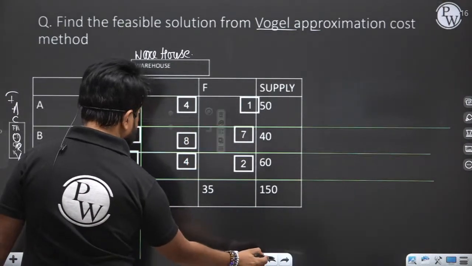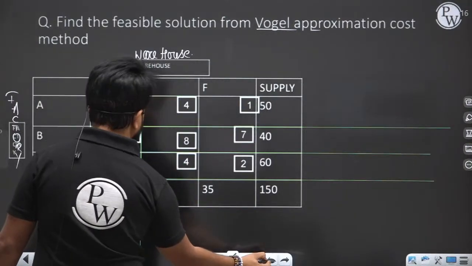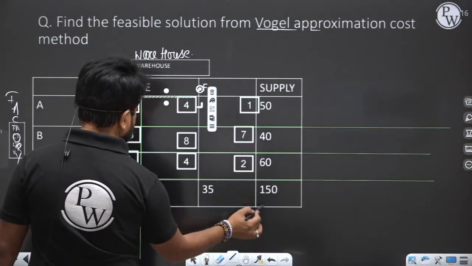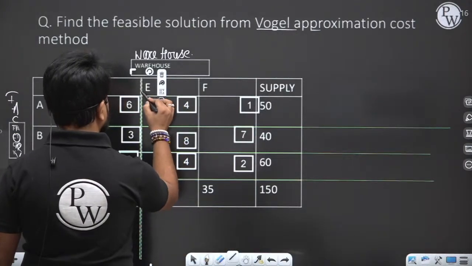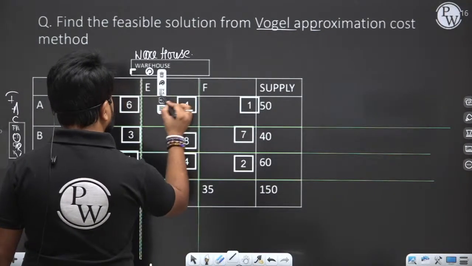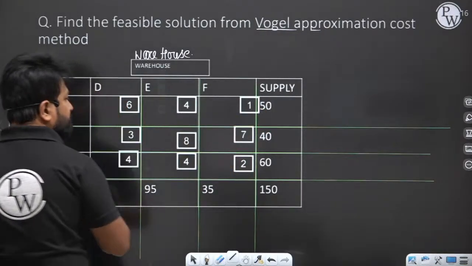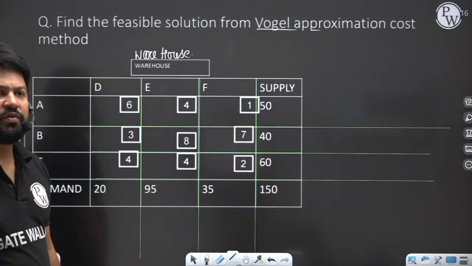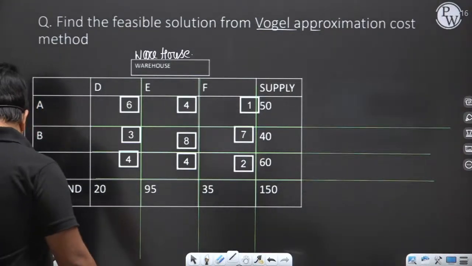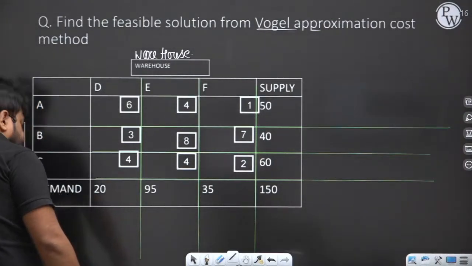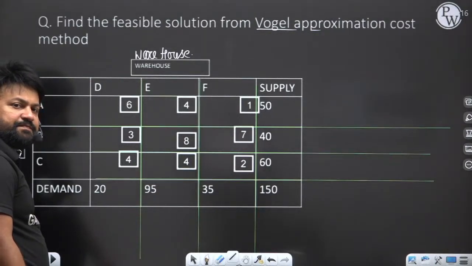Remember the method? You have to find out the penalty cost. So start this question by the Vogel approximation method.